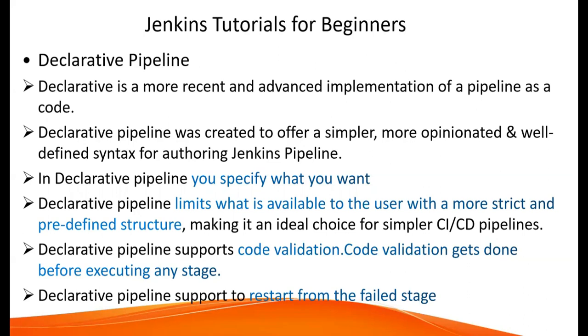This is an important point to be noted. In declarative pipeline, you specify what you want. Declarative pipeline limits what is available to the user with a more strict and predefined structure, making it an ideal choice for simpler CI/CD pipelines.